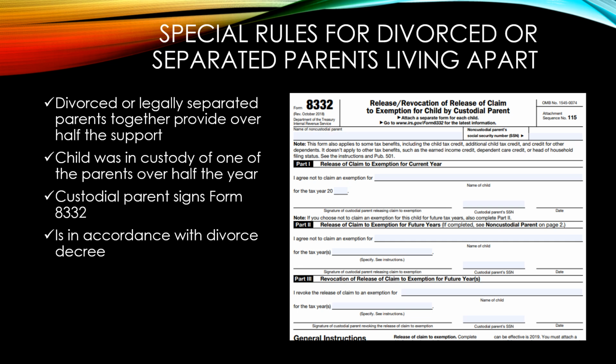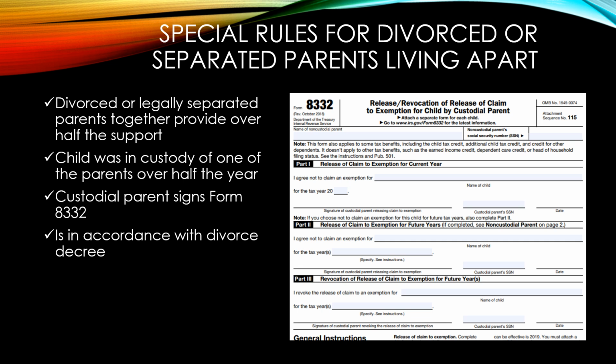In the case that they are together providing over half of the support and the child was in the custody of one of those parents for over half the year, so that was the custodial parent, if that custodial parent signs Form 8332 in accordance with their divorce decree, they can release the claim of the exemption of this child to the non-custodial parent.